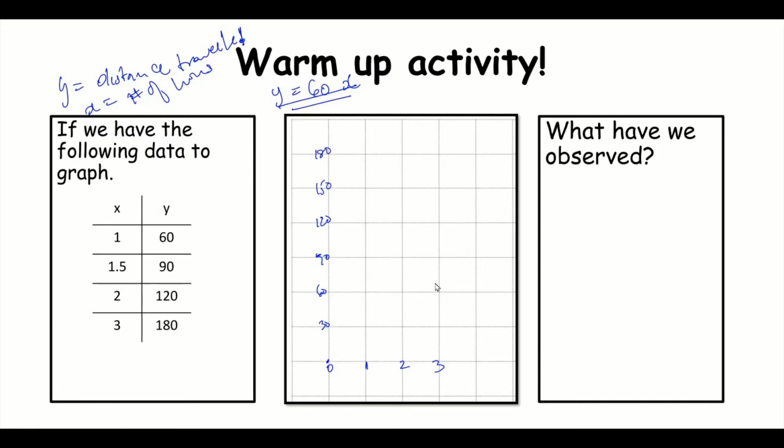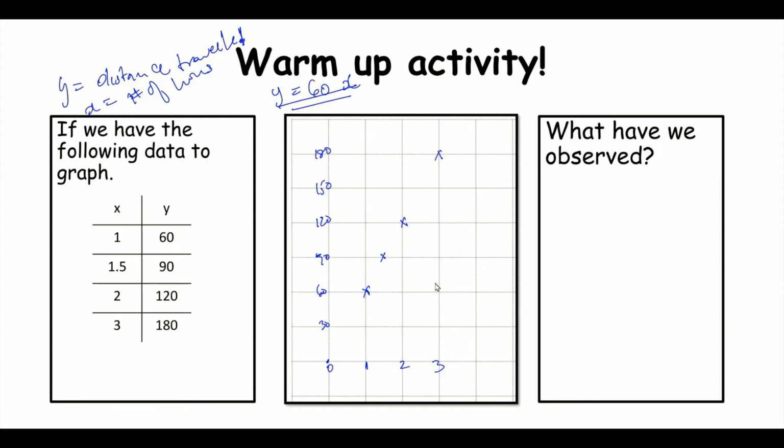So we can graph 1 and 60, 1.5 and 90, which is approximately halfway in between here, and we can graph 2 and 120, 3 and 180.